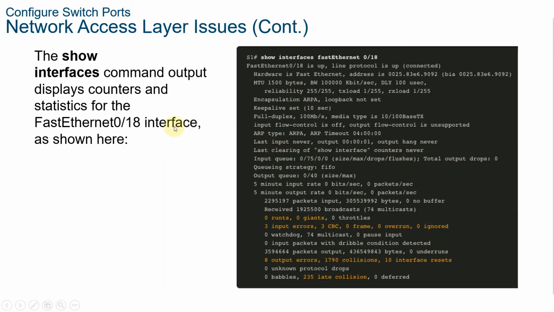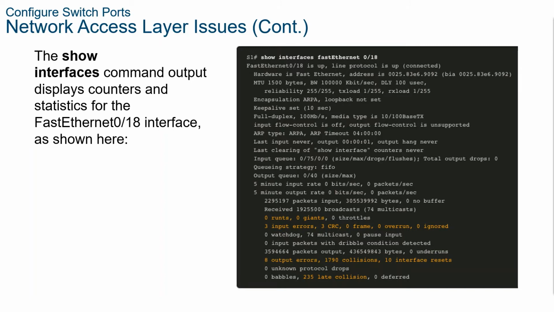Okay, how about the show interface command output? It displays counters and statistics for the FastEthernet 0/18 interface here. Some media errors are not severe enough to cause the circuit to fail, but do cause network performance issues. We have runts here. Runts are packets that are discarded because they are smaller than the minimum packet size for the medium.